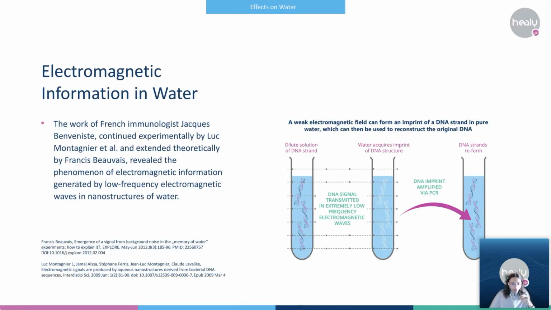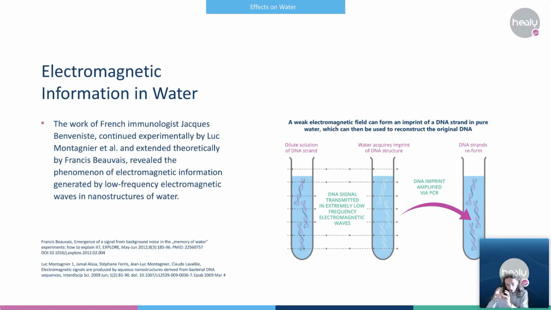And that's quite interesting, because such an effect was used by Jacques Benveniste, who did some very, very interesting experiments with water, with Luc Montagnier also. And what they did was that they used water, put in DNA strands, and then they let those DNA strands transmit or imprint their information on water.